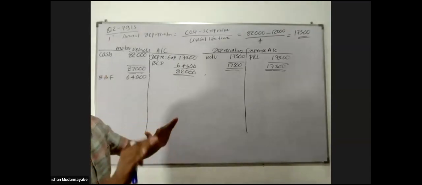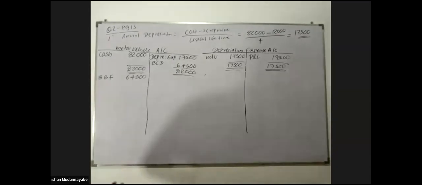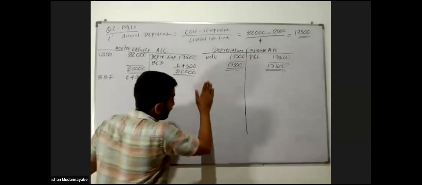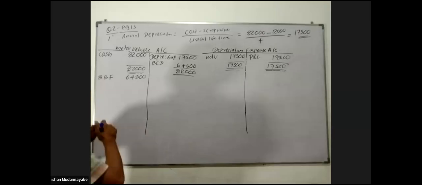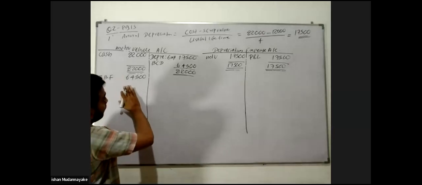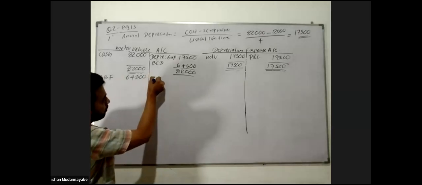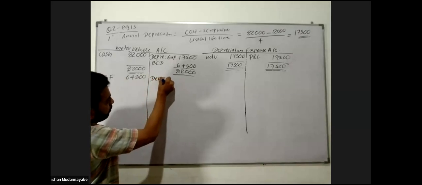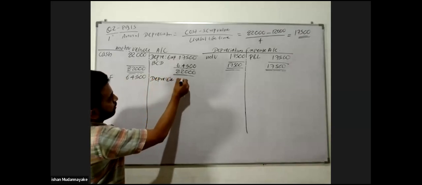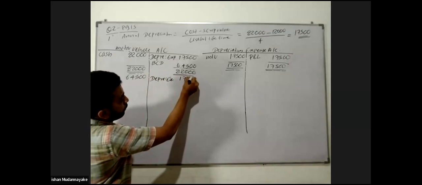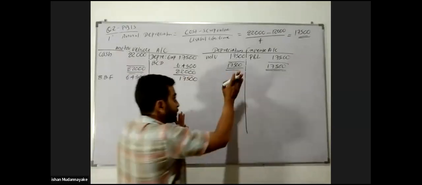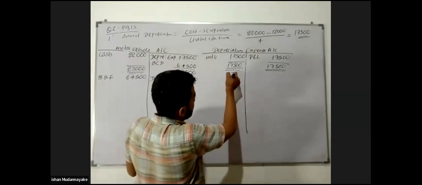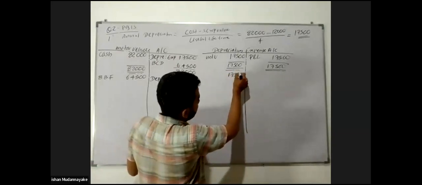Right. Then now we will move into second year. Record the second year depreciation. Motor vehicle account credit. Depreciation expense account debit 17,500.